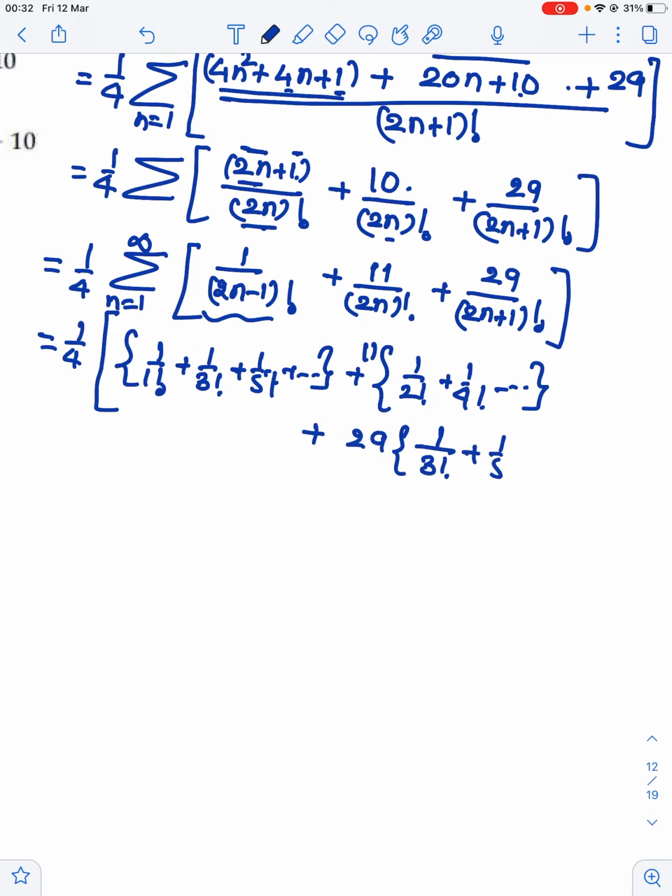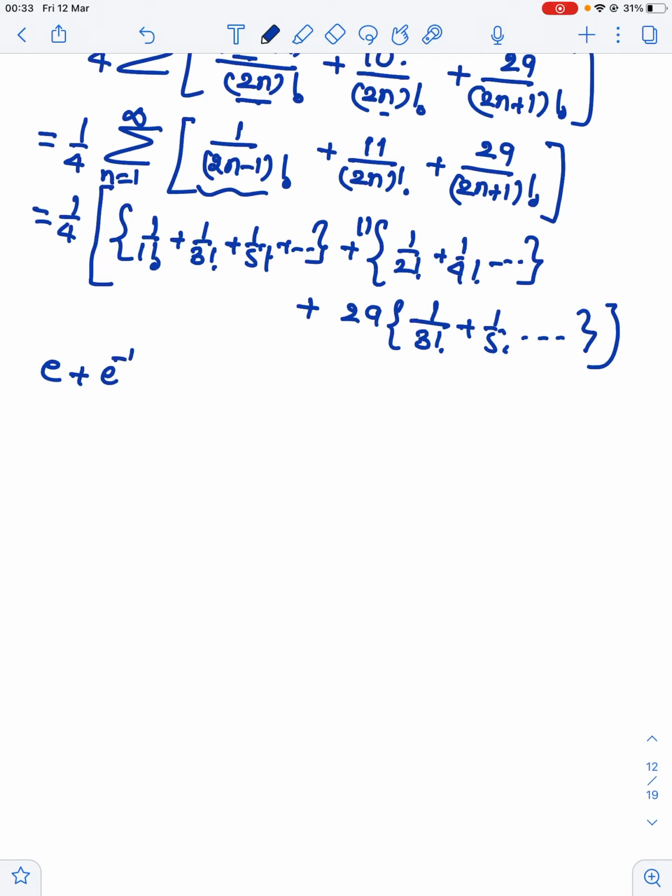Now we know that if we expand e and e to the power minus 1, e plus e to the power minus 1 by 2 is 1 plus 1 upon 2 factorial, or we can see e is equal to 1 plus 1 upon 1 factorial plus 1 upon 2 factorial plus 1 upon 3 factorial, and so on.